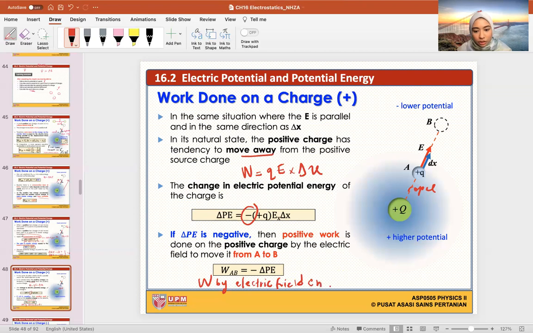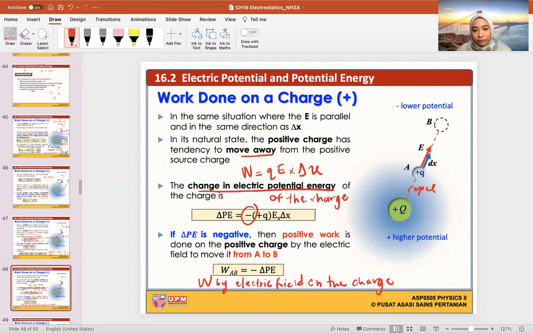W is done by the electric field on the charge. But when we are talking about PE, we are talking about the change in electric potential energy of the charge.